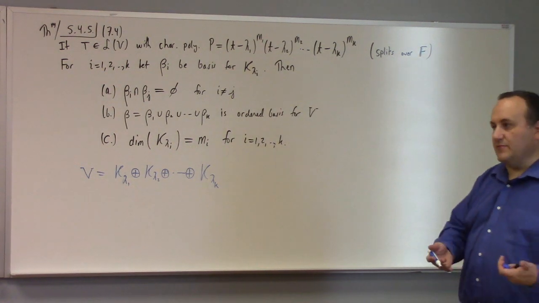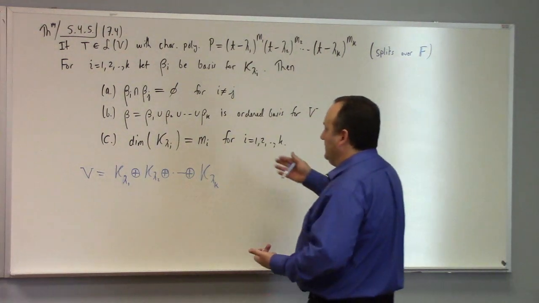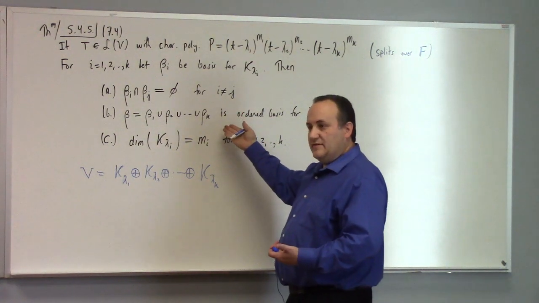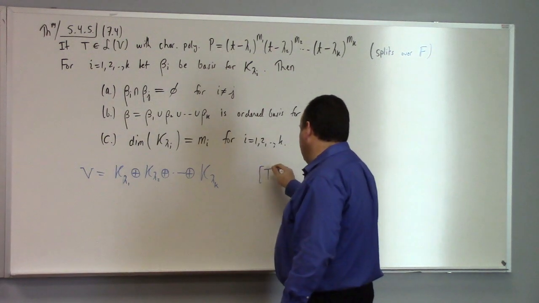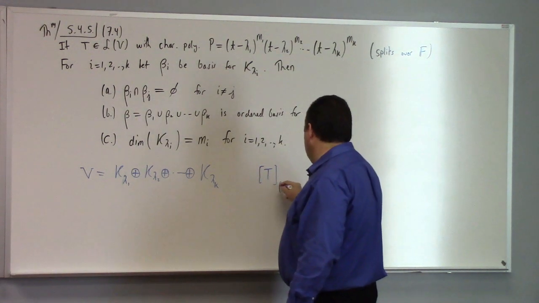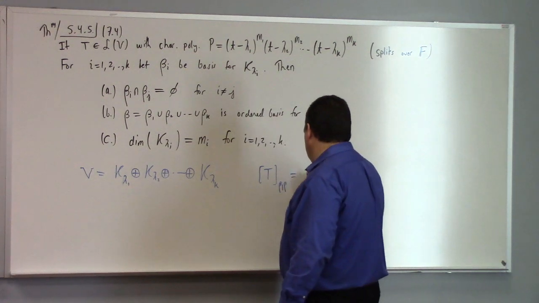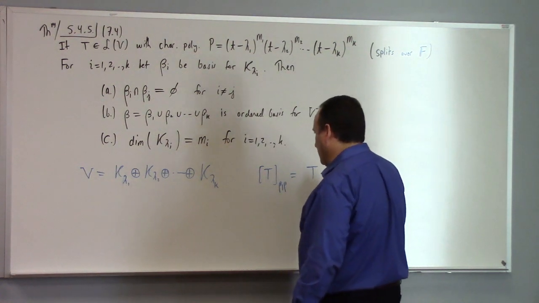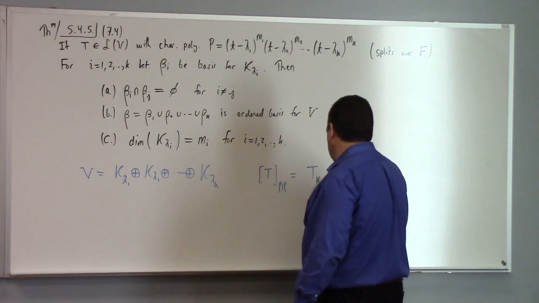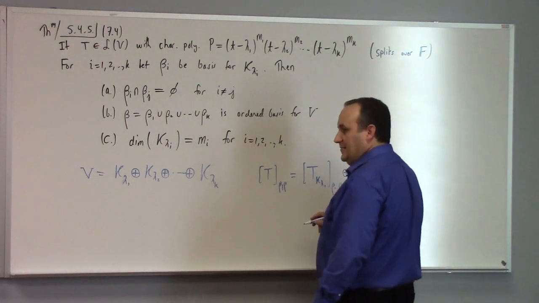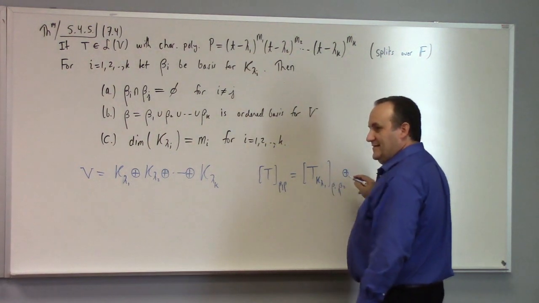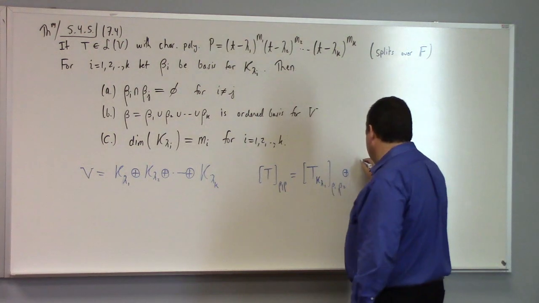So what does that make the matrix of T look like? If I was to look at the matrix of T with respect to such a basis, what would it look like? Exactly, block diagonal. So T beta beta would be the direct sum of T restricted to K lambda 1 with beta 1, beta 1, then beta 2, beta 2, up to T restricted to K lambda k with beta sub k, beta sub k. I really regret my insistence on writing beta beta at this point. It exacts a heavy toll here, doesn't it?